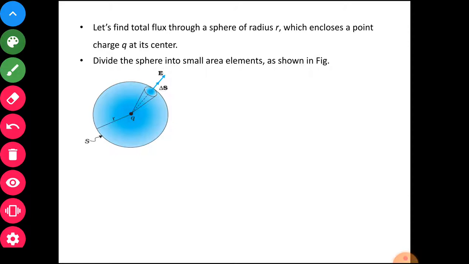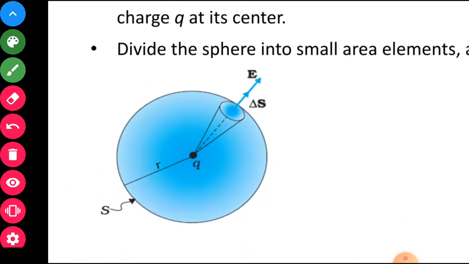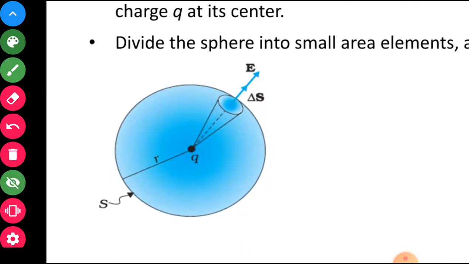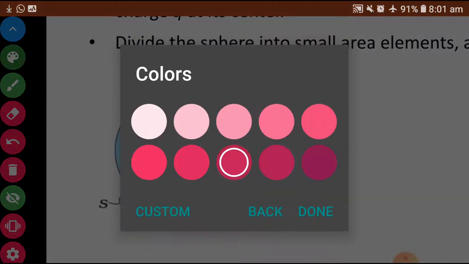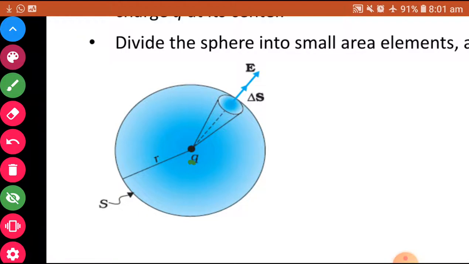Okay. Try to understand this figure. Here a sphere is given to you. Now the charge q is taken at the center. So here the charge q is located, and charge q is enclosed by this sphere.